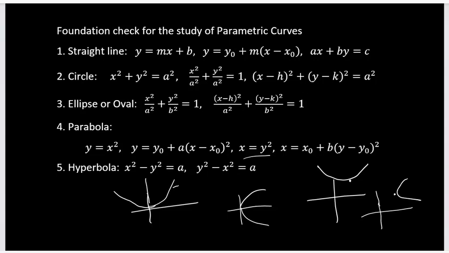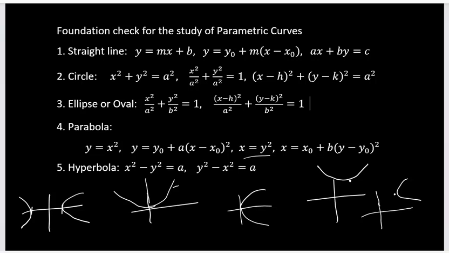And the last one, we have the hyperbola. When I'm taking x² − y² = a, any constant, in this case we say that a is a positive constant, then when y is 0, x will be ± the square root of a. So then you can put points here and here. The graph will look like this.